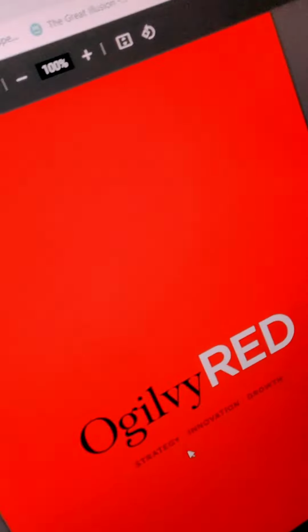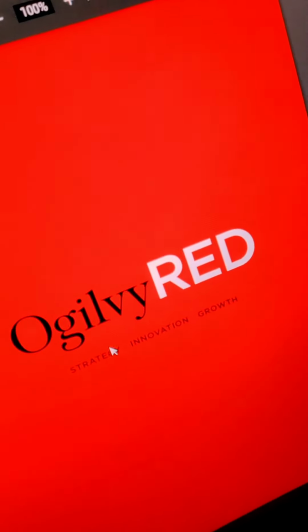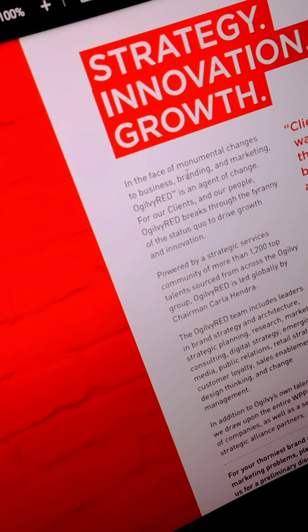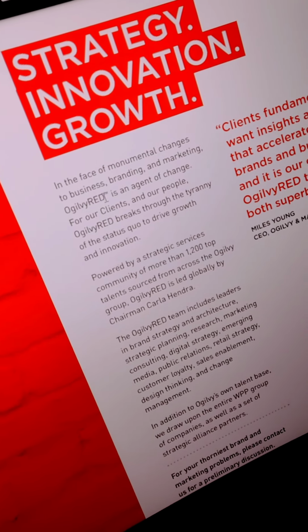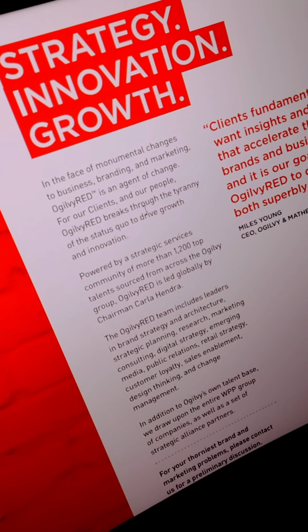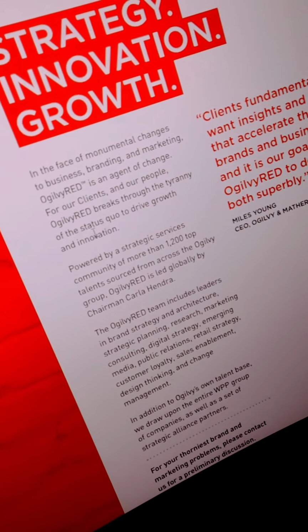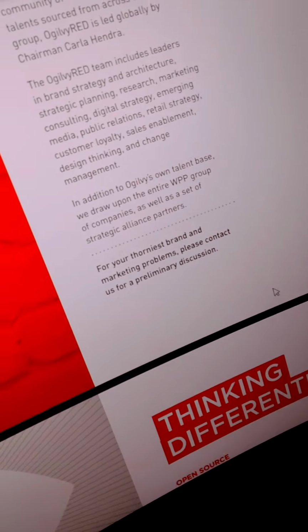Alright, but look. Ogilvy, I believe that's how you say it: strategy, innovation, and growth. In the face of monumental changes to business, branding, and marketing, Ogilvy is an agent of change. For our clients and our people, Ogilvy breaks through the tyranny of the status quo to drive growth and innovation. This just gives you a little insight about them.